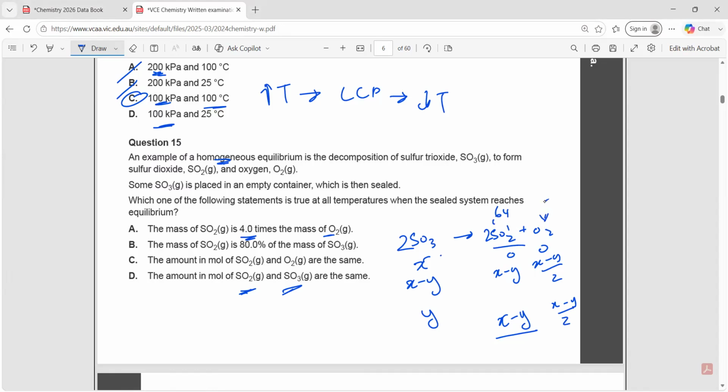So it'd be 64 times X minus Y, and then that's 32 times X minus Y over 2. So there's a 4-to-1 ratio. So A is correct. It's tough though. I don't know. It's very tough.